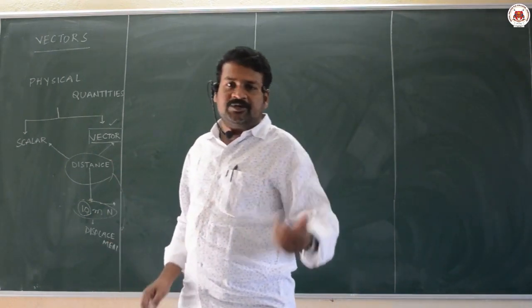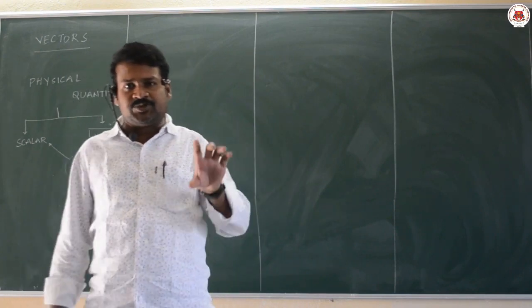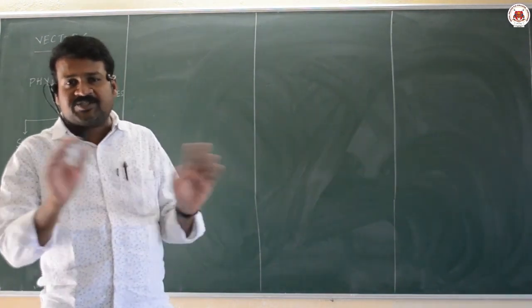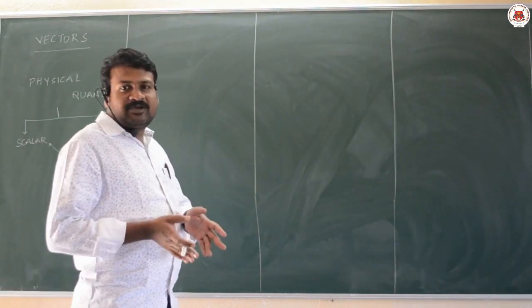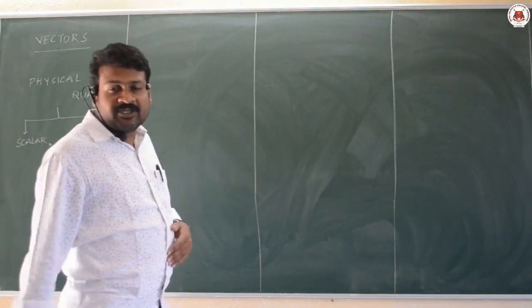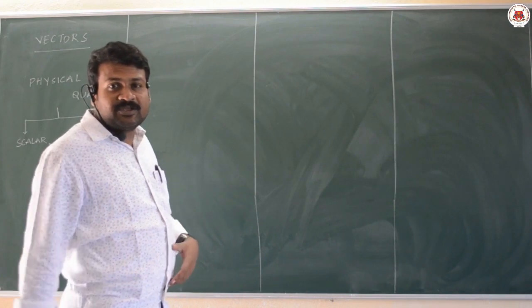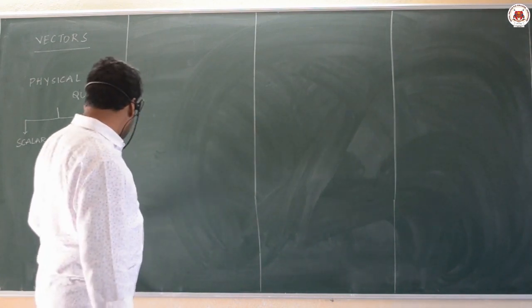If you go back to our videos and see the bridge course, there also I explained the differences between distance and displacement. I told that distance is a scalar, displacement is a vector. Then you have to understand what a scalar is and what a vector is.